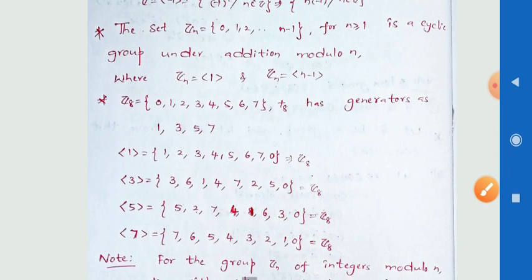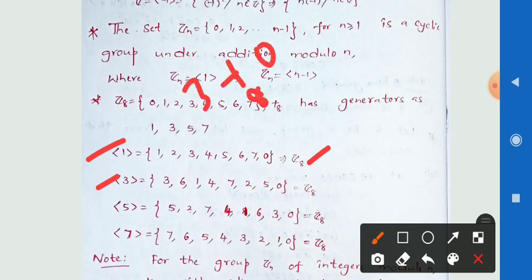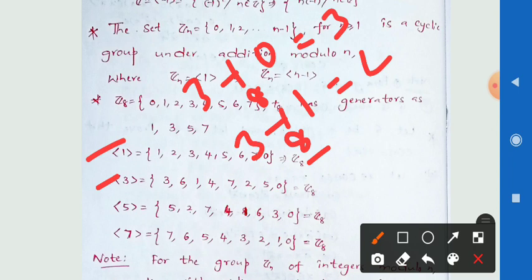These are the elements generated by the generator 1. Here if we take generator 1, the elements are 1 2 3 4 5 6 7 and 0. Similarly if we take generator 3, we get 3 plus 0 addition modulo 8, we get 3. 3 addition modulo 8 plus 1 we get 4.